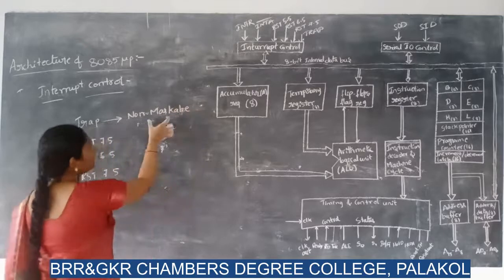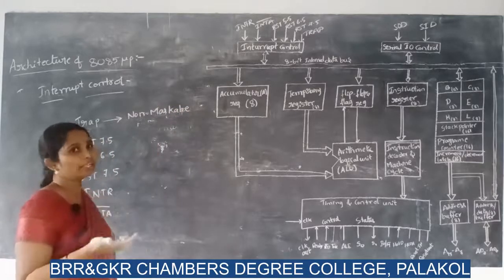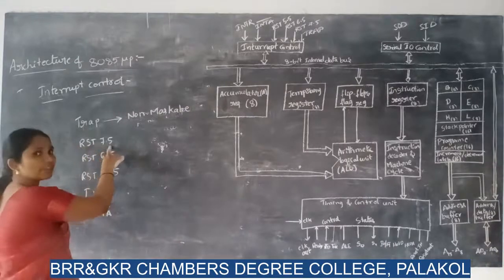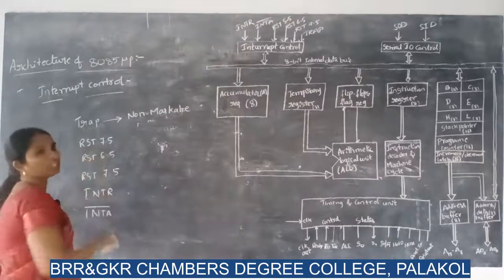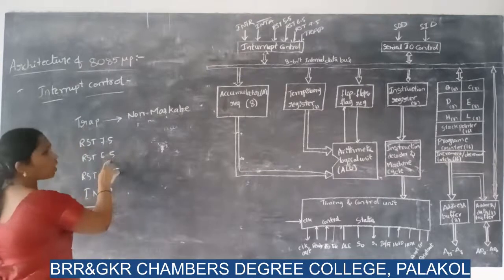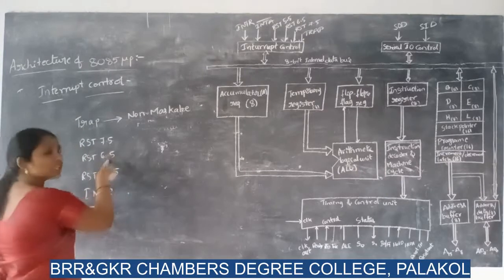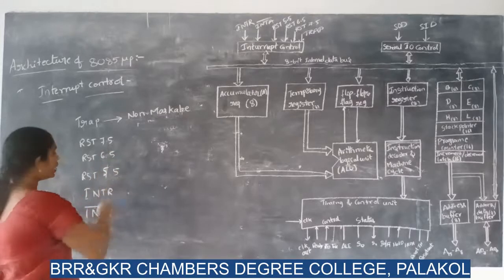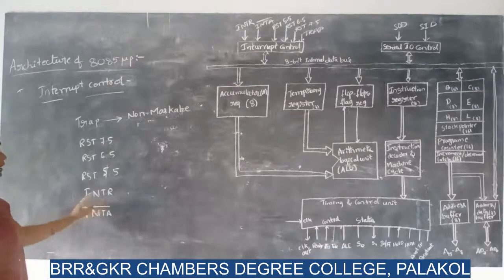After that, the priority is RST 7.5. RST is nothing but restart. After that, the priority is RST 6.5 and after that 5.5. Here INTR is interrupt request.